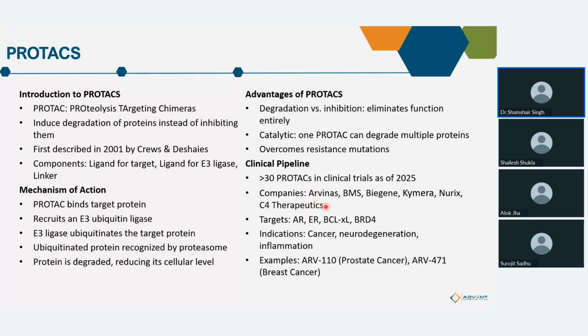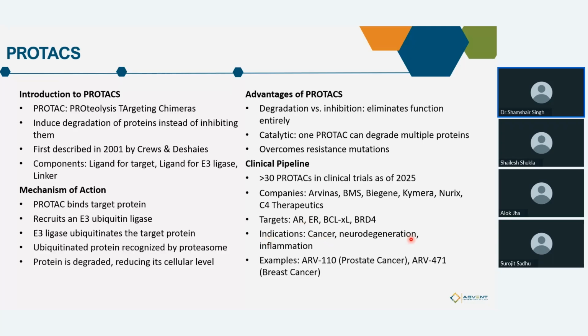What are the most prominent targets they are working on? These are androgen receptor, estrogen receptor, BCR-ABL, BCL, and BRD4. As you can see, most of them are anti-cancer targets. And what are the different indications on which PROTAC research is going on?